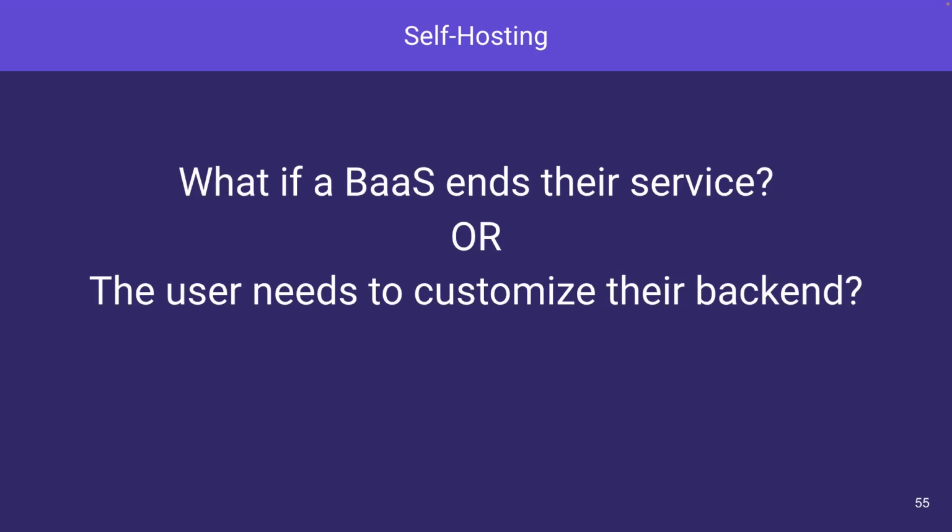For example, needing to comply with data sovereignty laws, which requires storing data in a specific location. But that location may not be supported by the managed backend as a service, which requires the user to migrate their application. And these are reasons why we chose Tinker's infrastructure to be self-hosted in a user's AWS environment.